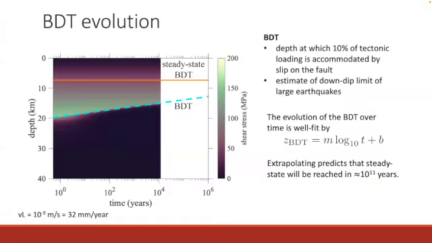Do you have any observational support, like geological evidence, to say that mature faults will have a shallower seismogenic depth? Because it's very important for future hazard evaluation, right?